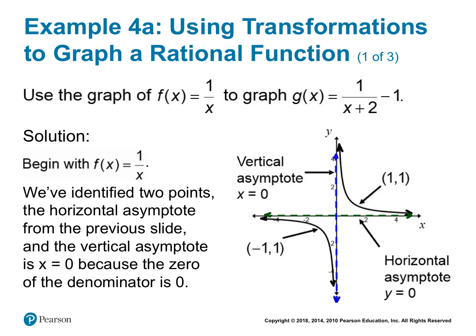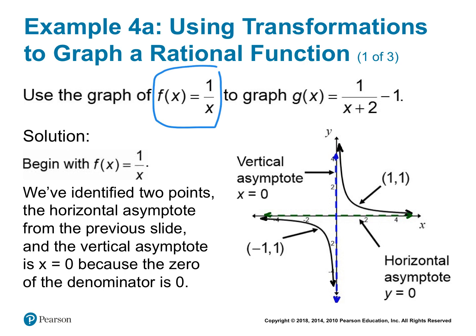Okay, so this is going to talk about transformations, which we have done in the past. So use the original graph that we learned, 1 divided by x. So that is this picture we have here. So we've identified 2 points, the horizontal asymptote from the previous slide.